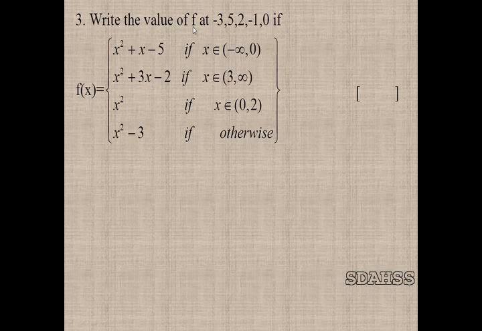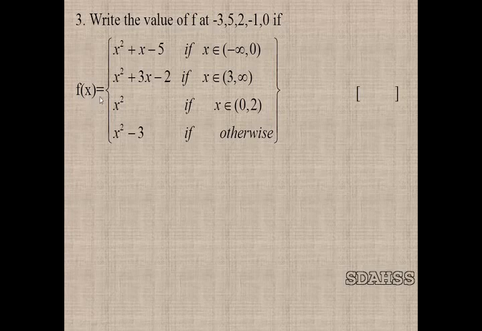Third sum, write the values of f at minus 3, 5, 2, minus 1, 0 if f of x is equal to x square plus x minus 5 if x belongs to minus infinity, 0. Here the value lies between minus infinity and 0.